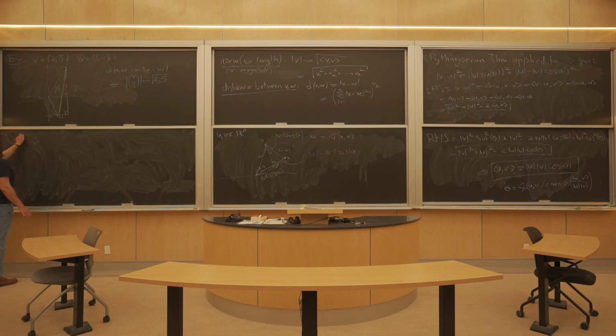So, definition. Two vectors are orthogonal or perpendicular if their inner product gives you the number 0.